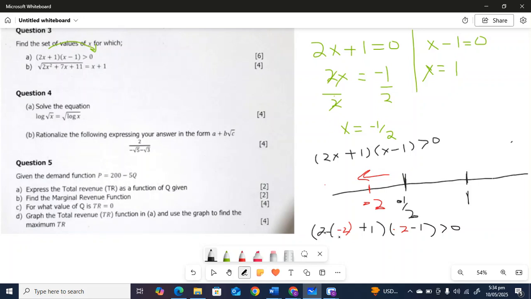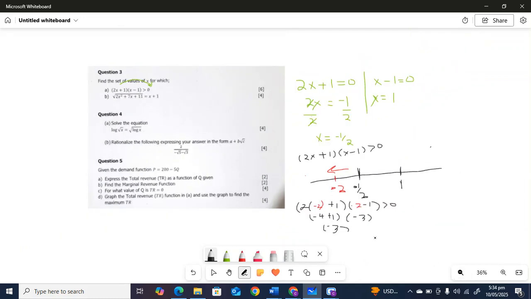So 2 times negative 2, that is negative 4. Negative 2 minus 1, negative 3. Negative 4 plus 1, that is negative 3. So negative 3 times negative 3, that is positive 9. And positive 9 is greater than 0.